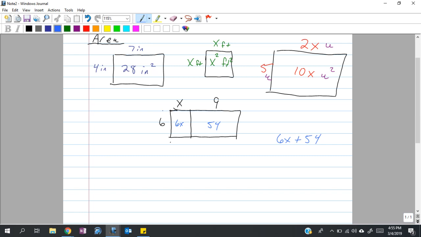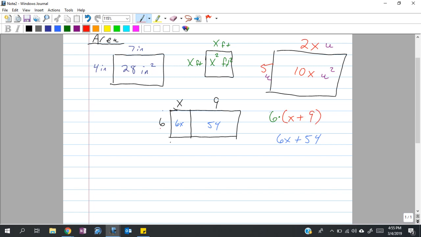Now, length times width, the length here would be 6 times, and the width is, it's not x, it's not 9x, right? If I walk x miles and walk 9 more, I walk x plus 9 more.